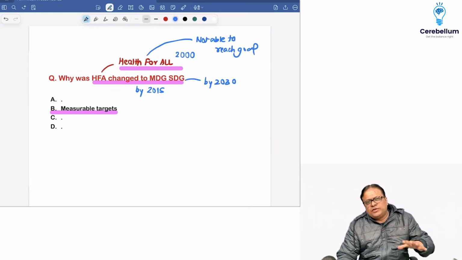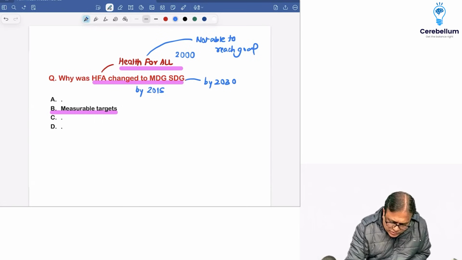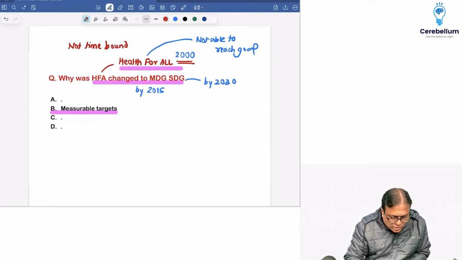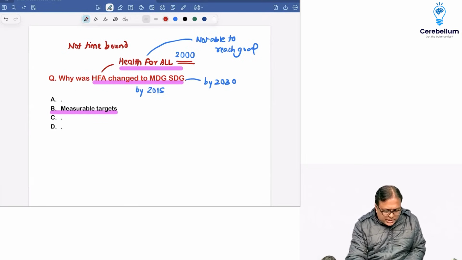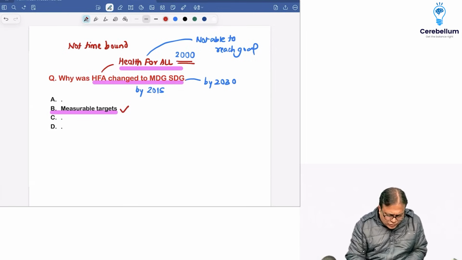Yes, health for all initially was not time bound. Okay, this was one of the options you were seeing. Later it became time bound, that we should achieve it by 2000. Targets on time. Okay, the target question was there. So measurable was not there. It was for only communicable diseases. That is not correct.